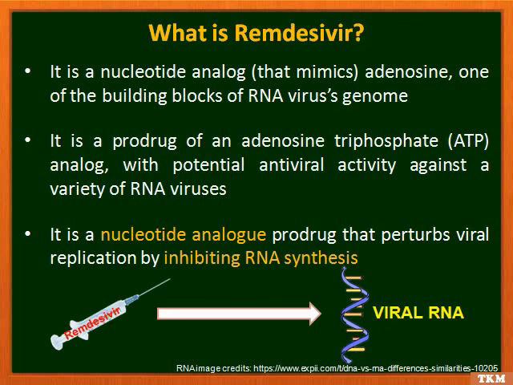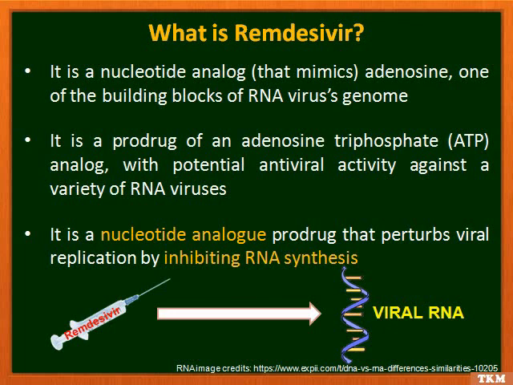Remdesivir is a nucleotide analog. That means it mimics adenosine, one of the building blocks of the RNA virus genome. Now when we say analog, it means a mimic. It is not the real thing. Though it looks like the real thing, it's not the real thing.